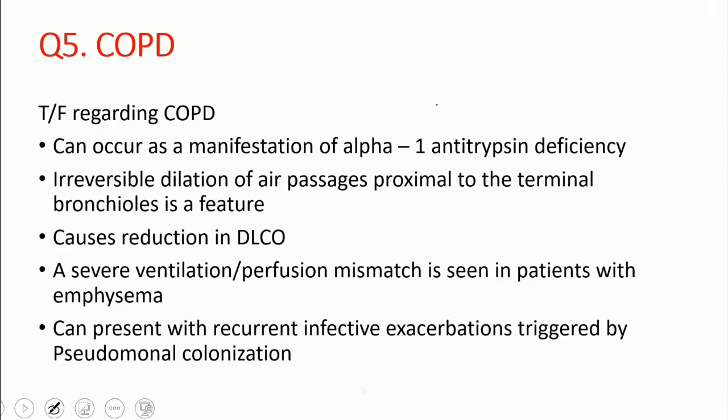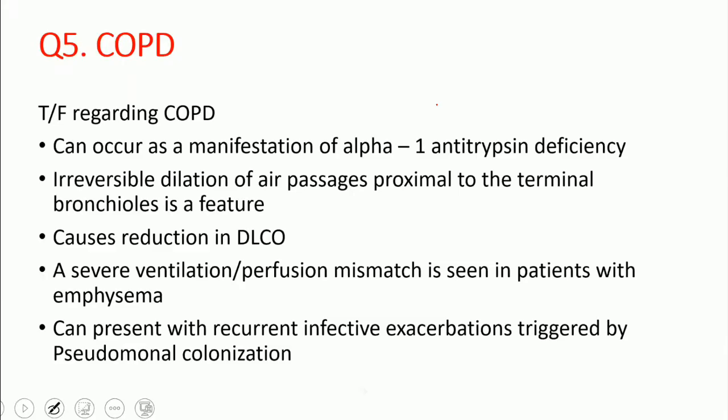Now COPD is an umbrella term for two main disorders: emphysema and chronic bronchitis. In emphysema, there is small airway disease and dilatation of the distal air passages.